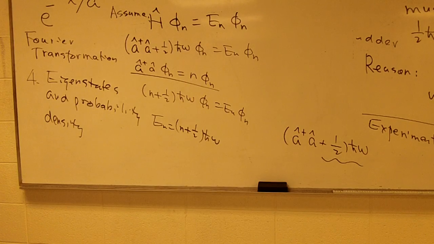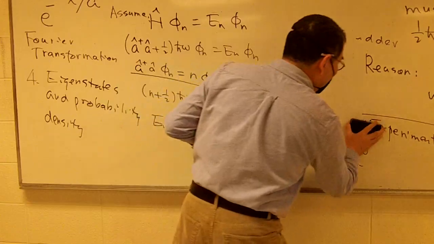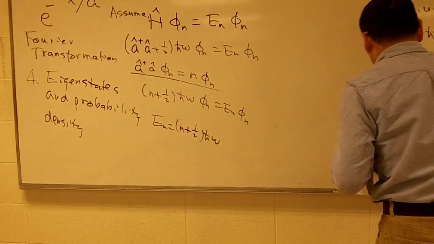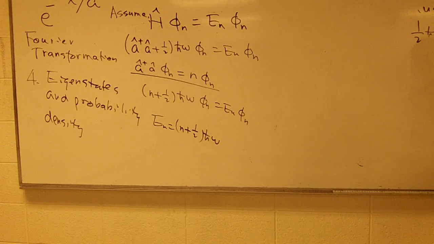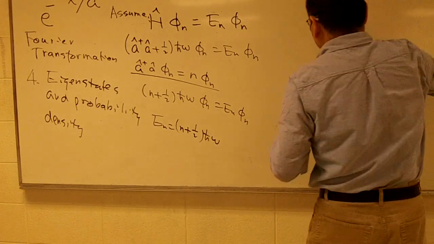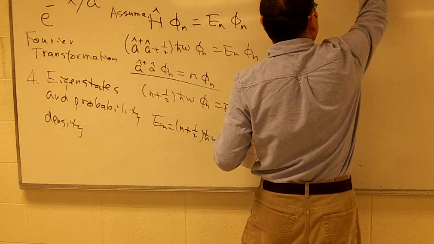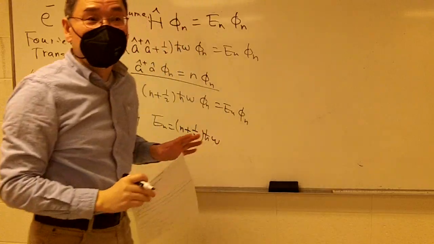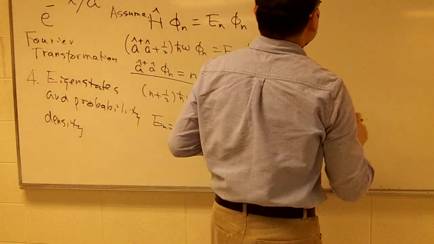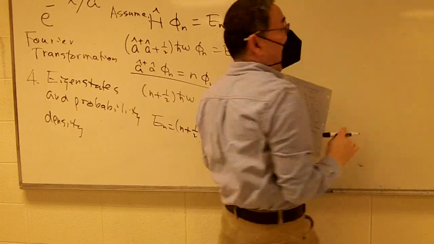Now, what we want to prove is that any eigenstates can be found with the a dagger operator. All the other states can be found by the a dagger operator, which means, let's say I call it phi prime.